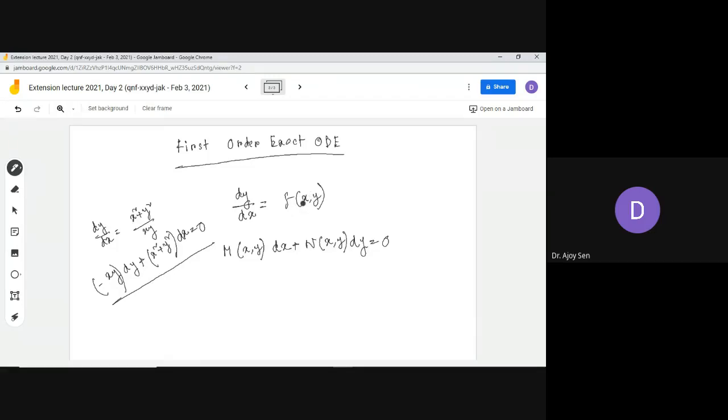So what about an exact differential equation? For an exact differential equation, we need to know what is the total differential.